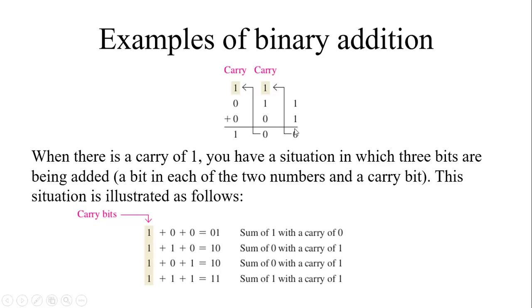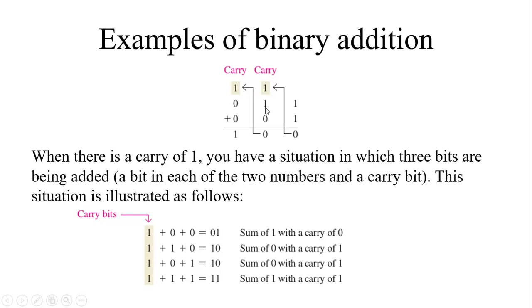So 0 is the sum bit. We write the sum bit under the column and carry the carry bit to the next column. So this is the carry generated from this column.